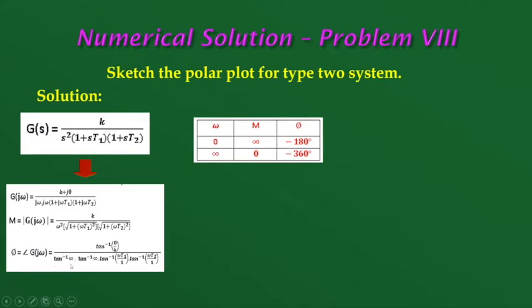Similarly, when we put omega equal to infinity, this angle is infinity and this angle is infinity. Infinity means 90. So minus 90, minus 90, minus 90, minus 90. That means minus 360.